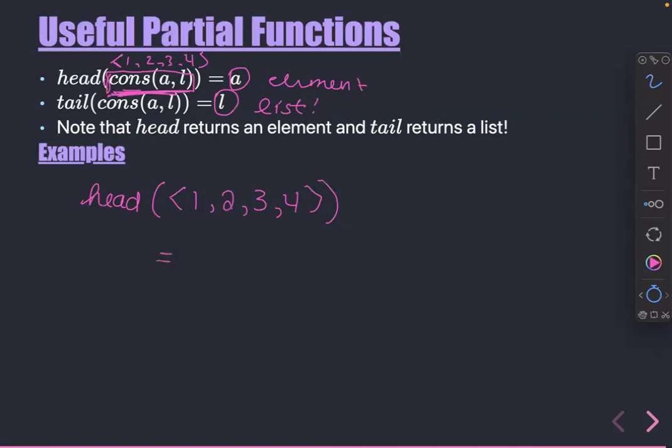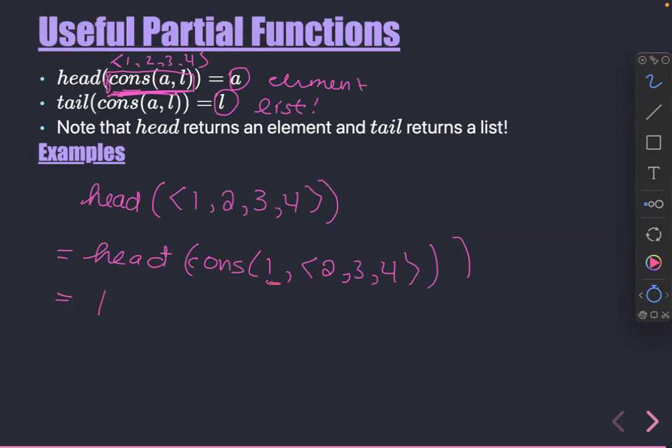So 1, 2, 3, 4 equals cons of 1 and 2, 3, 4. And so head of this would be equal to head of cons of 1 and 2, 3, 4. And then that would just return 1, right? It would return this value.